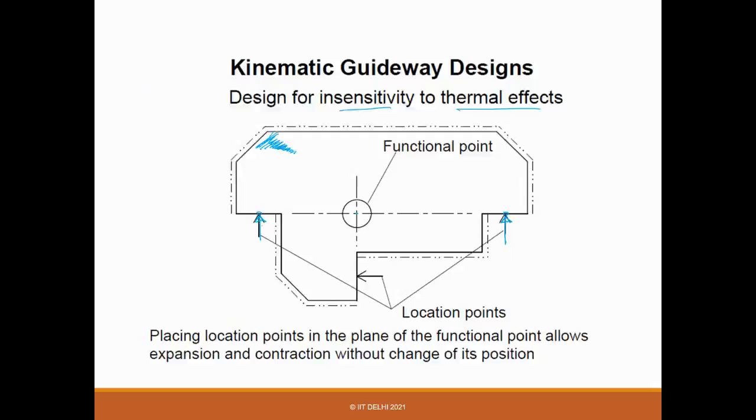It can be just a pin also, but these are the contact points. What happens if there are any thermal effects in the body along this? This will act as a reference, but things beyond this will expand along this direction. Things along this line, they will expand along this direction.